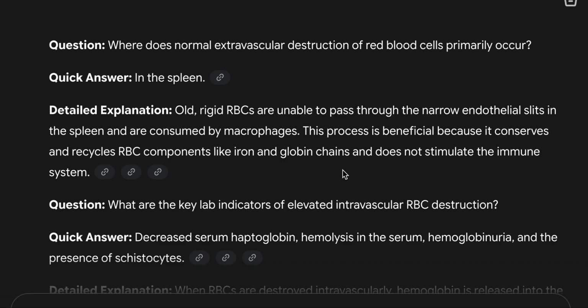But anyways, old, rigid red blood cells are unable to pass through the narrow endothelial slits in the spleen and are consumed by macrophages. This process is really beneficial because it conserves and recycles the red blood cell components like iron and globin chains for new production, and it also does not stimulate the immune system.